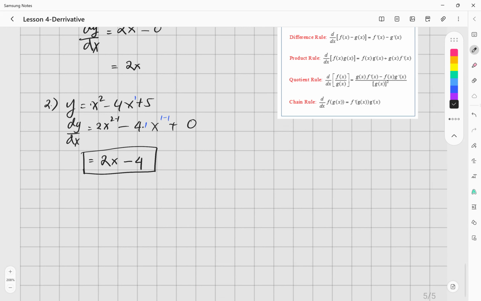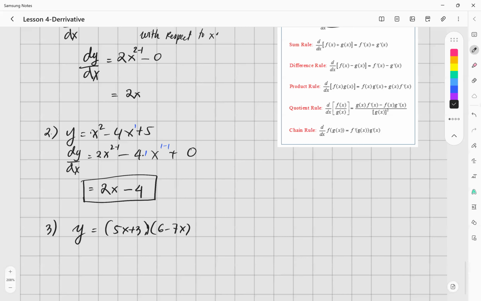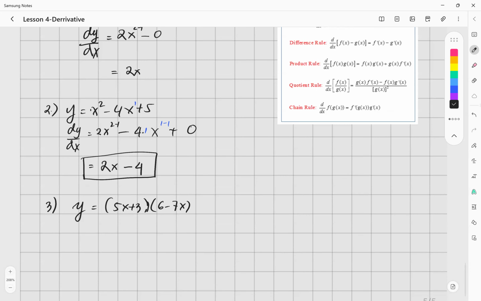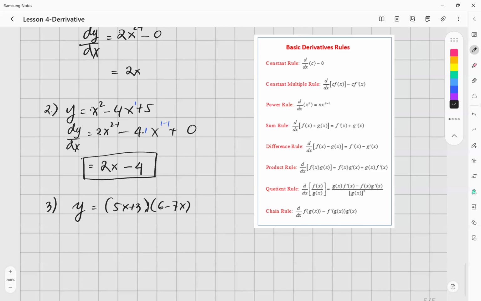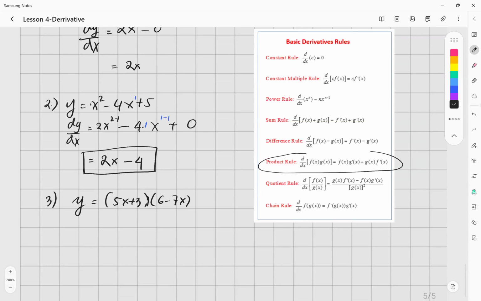Okay, now let's do another example. If I have a function y equals 5x plus 3 multiplied by 6 minus 7x, and we call the first f of x and the second g of x, then we are multiplying two functions, so we use the product rule.